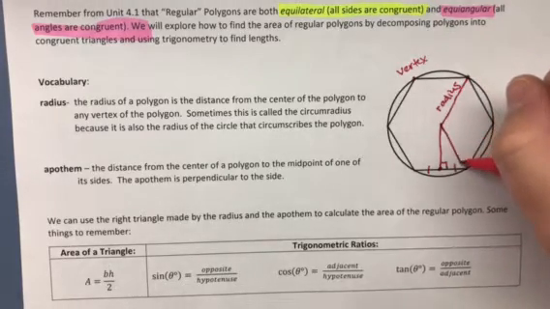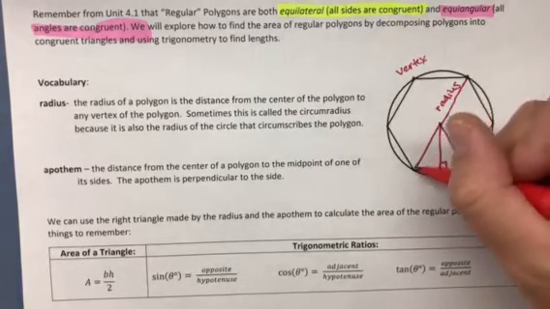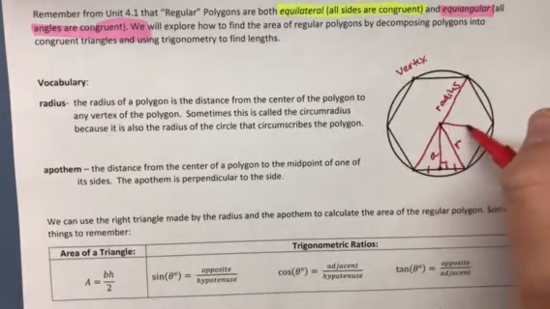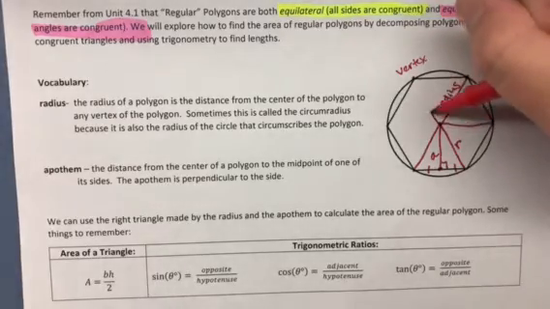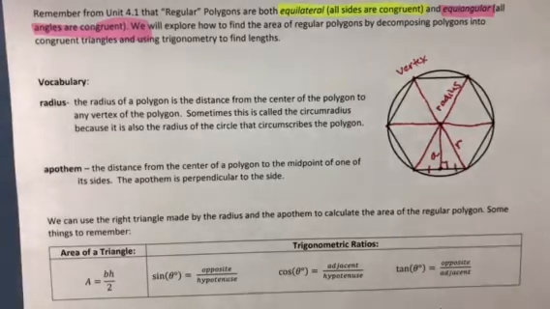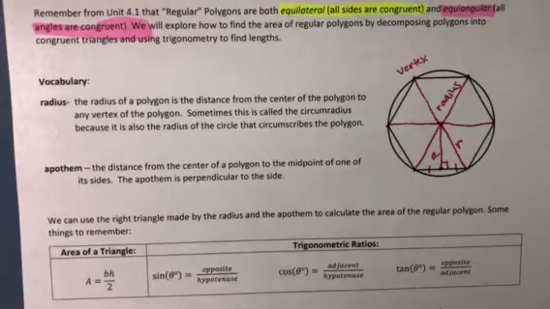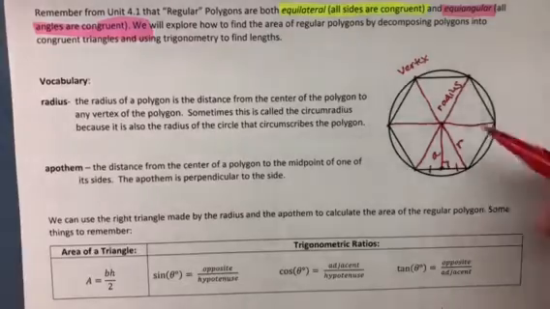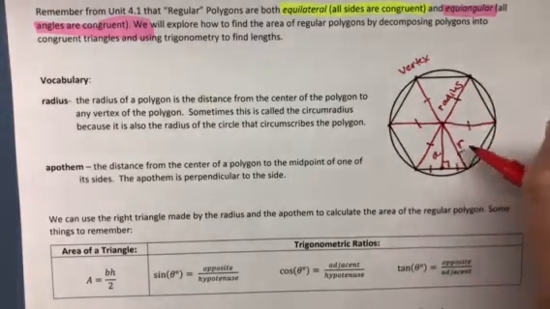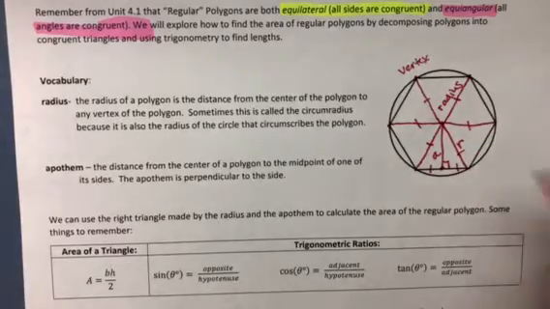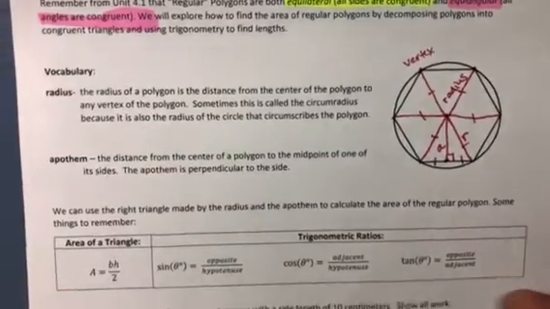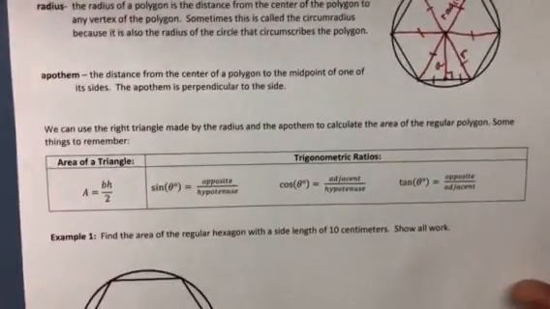So if I draw in other radii, we said that's the apothem, that's the radius, we can really decompose this shape into triangles using the radii, and then the apothem is the height of each of the triangles. All of these triangles are going to be isosceles because the radius is the same going around the shape. So these are all isosceles triangles. All right, so we're going to come back to that in just a moment.